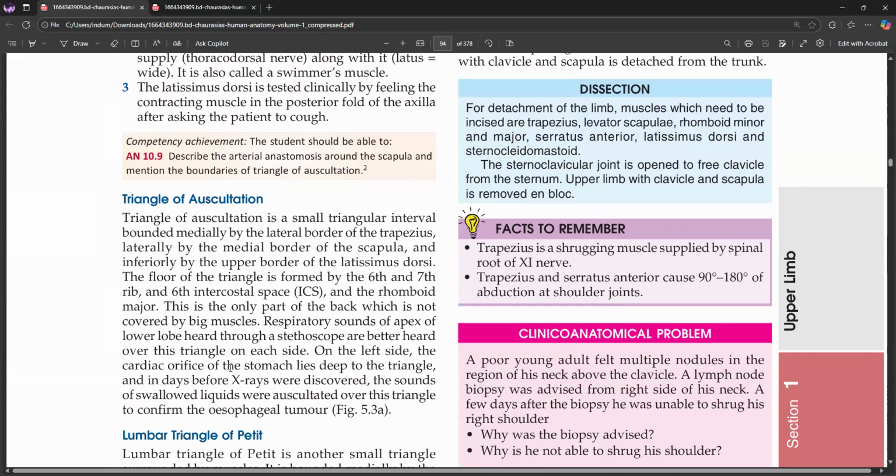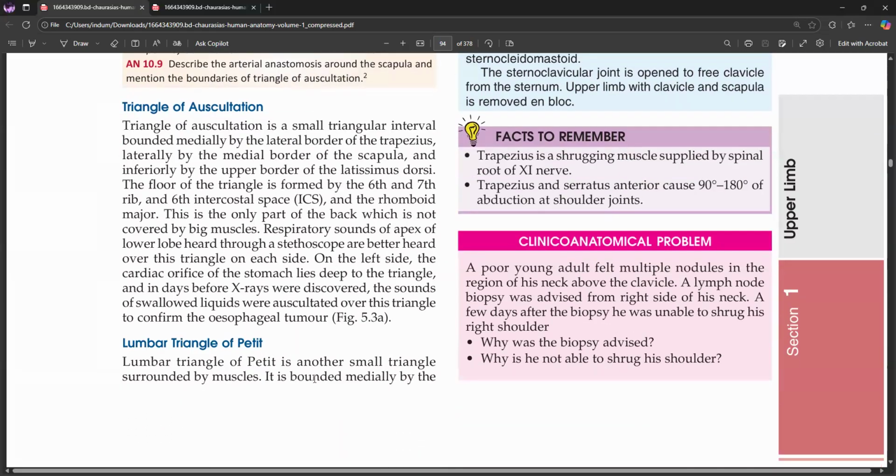Triangle of auscultation. Triangle of auscultation is a small triangular interval bounded medially by the lateral border of the trapezius, laterally by the medial border of the scapula, and inferiorly by the upper border of the latissimus dorsi. The floor of the triangle is formed by the sixth and seventh rib and sixth intercostal space and the rhomboid major. This is the only part of the back which is not covered by big muscles.